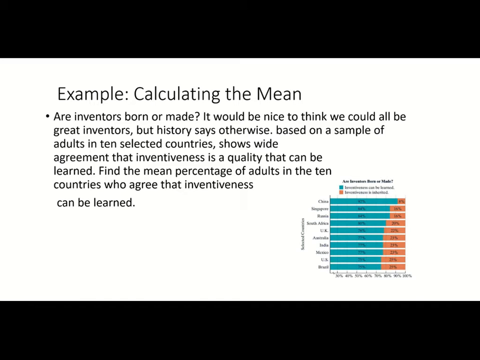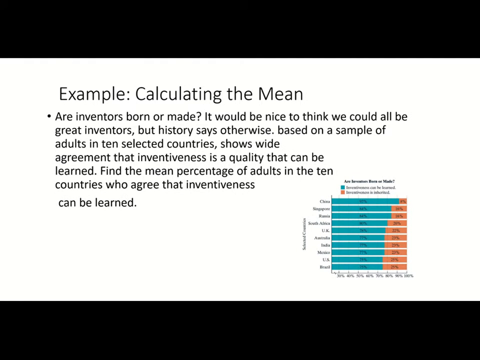So they want us to find the mean percentage of adults in the 10 countries who agree that inventiveness can be learned. So if we look, inventiveness can be learned is in the teal. So we need to take and add up all of these percentages, and there's 10 countries, and divide it by 10.